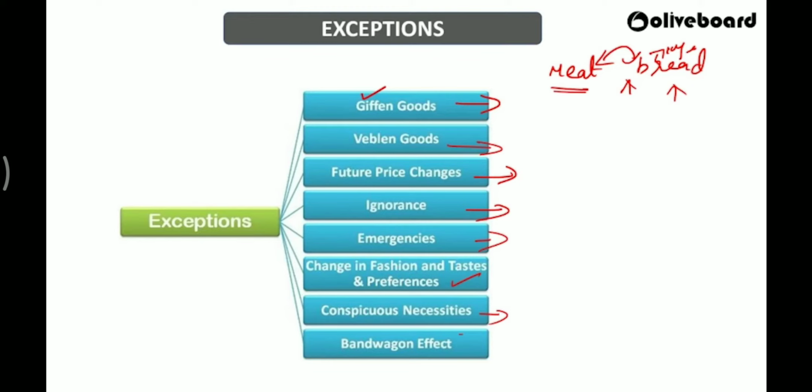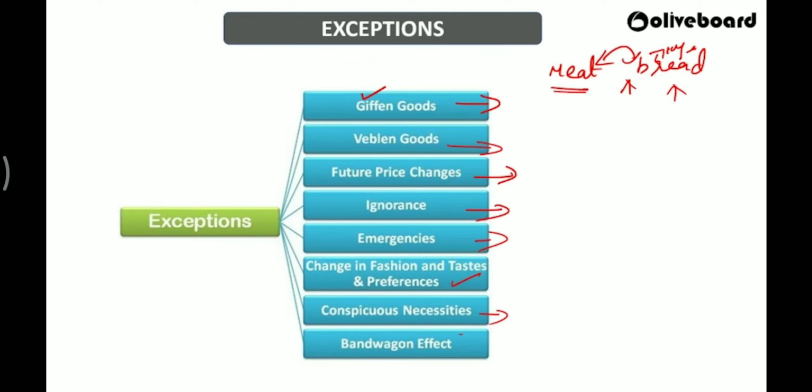So because of the social class you belong to, it will become your necessity. Refrigerator, TV, smartphones, all those become your necessities nowadays. So that is a conspicuous necessity. It is not a luxurious item, but it will become a necessity in your life, because you belong to that particular class, that particular social status. So you need to have that.